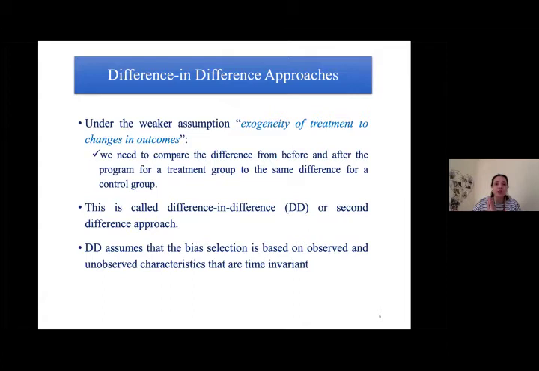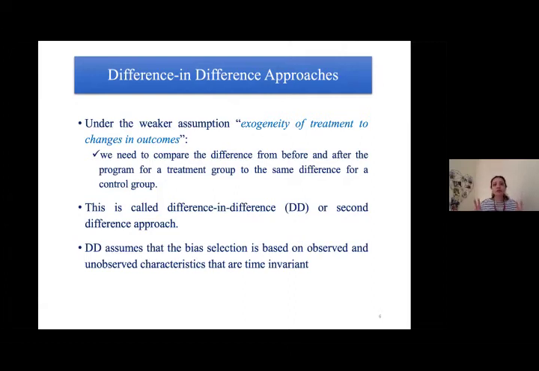Okay, but as we said, this strong assumption is not verified, and we need to assume the weaker assumption, which is the exogeneity of treatment to changes in outcome. So we'll assume that selection into the program is affected by unobserved characteristics that are invariant in time, that do not change in time. And in this case, we need to compare the difference from before and after between the treatment group and the control group.